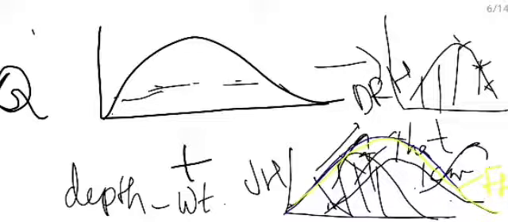It is the direct runoff hydrograph only that we require, and the peak value will give you the peak flow, which is what we need.